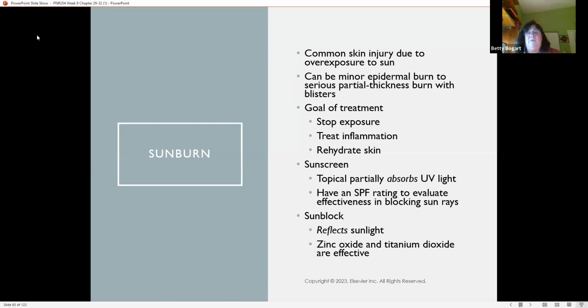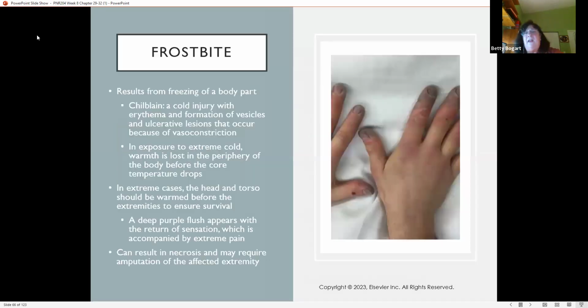So one of the things we want to prevent is that. Zinc oxide, titanium dioxide, that's that white stuff that you'll see. And some of the young kids who burn really hard, they'll put that on their noses to help.